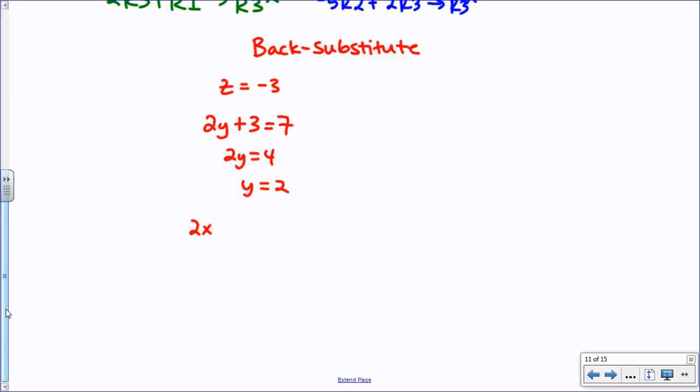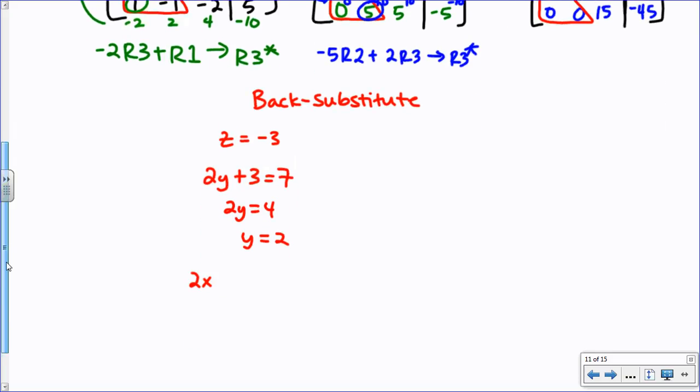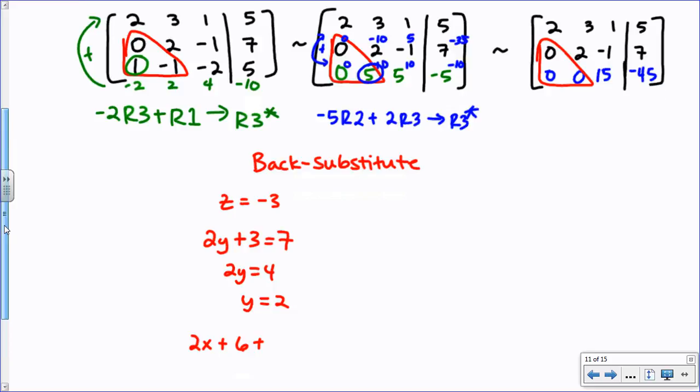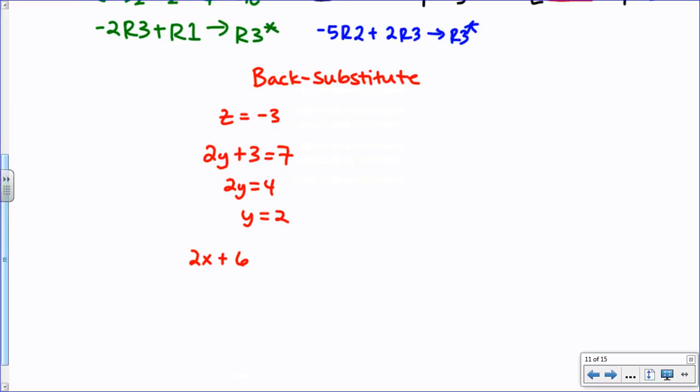So 2x plus 3 times 2, so plus 6, plus 1 times negative 3, so that's minus 3, equals 5. So 2x plus 3 equals 5, 2x equals 2, x equals 1. So 1, 2, negative 3.